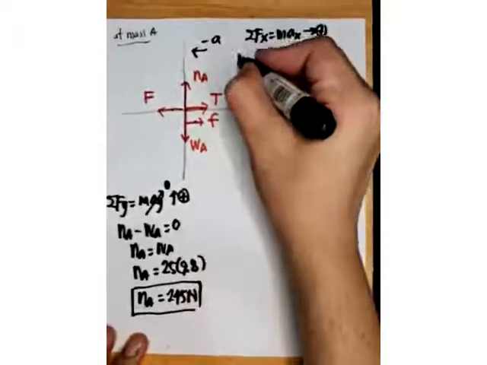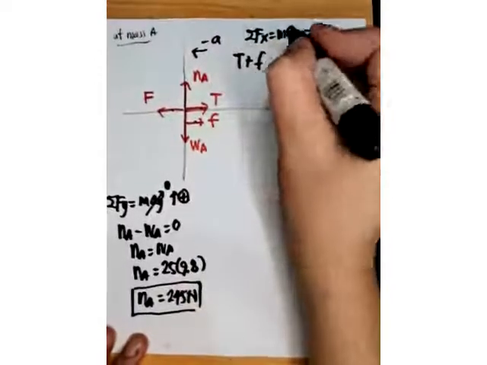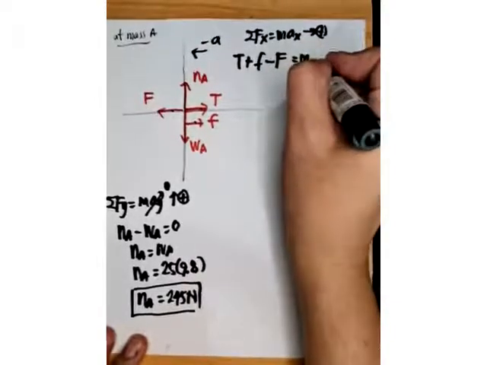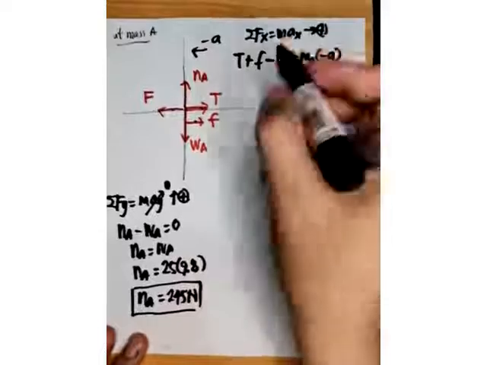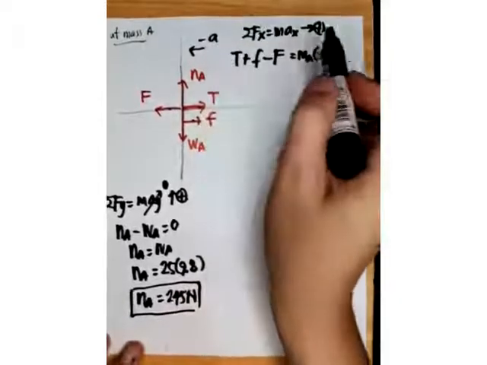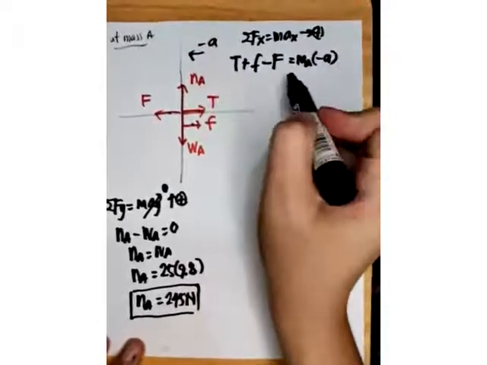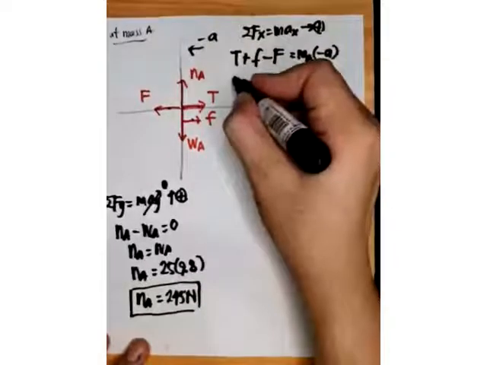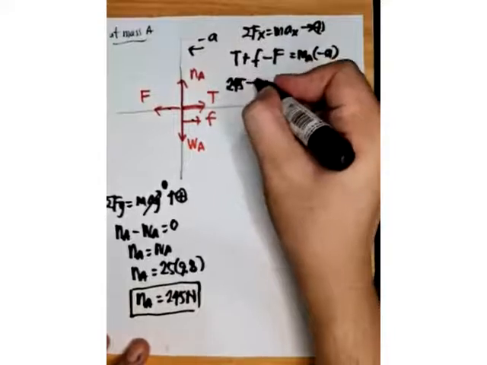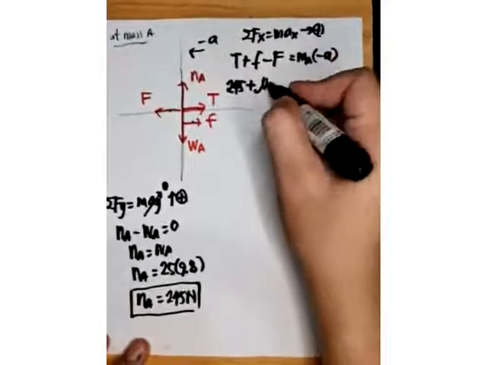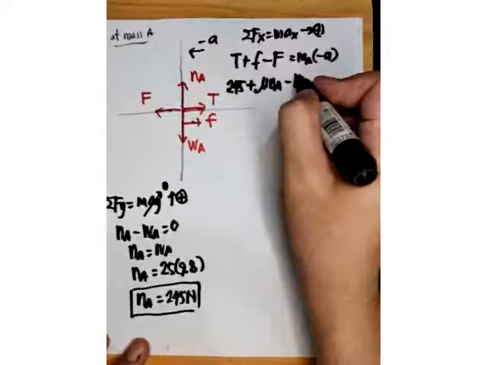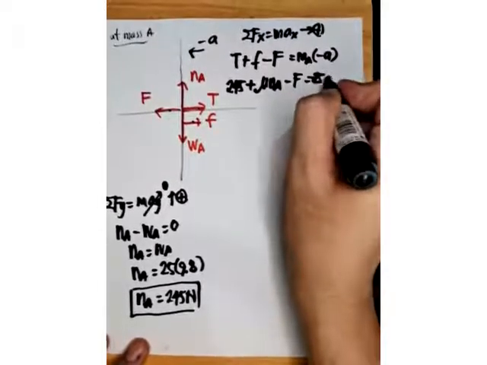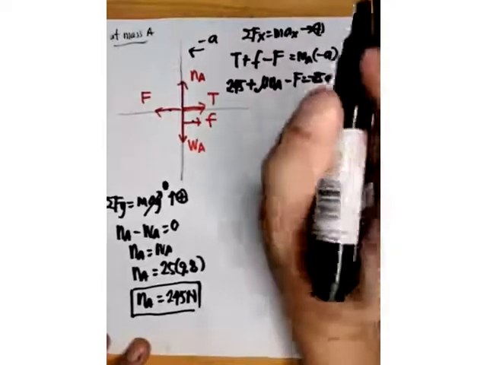So we'll have tension plus friction minus force is equal to mass A times negative acceleration. Because it's to the left, assumption natin to the right ay positive. So tension we are given, tension is 245 plus ang friction natin is mu N minus F is equal to negative 25A.